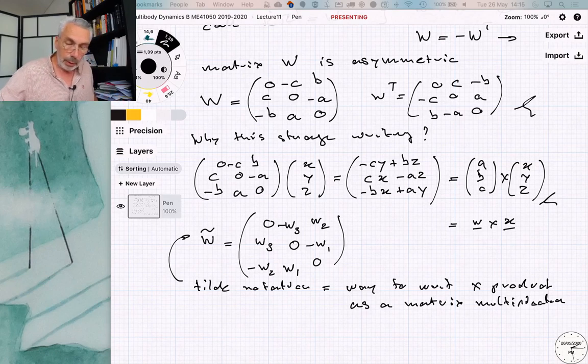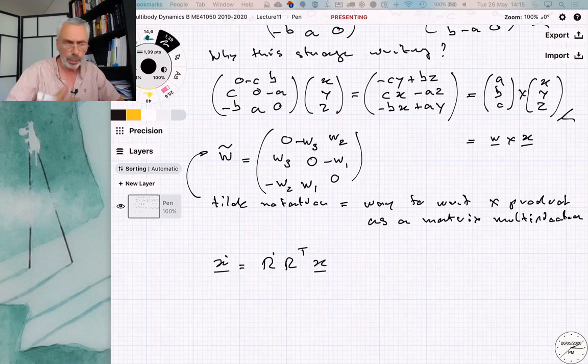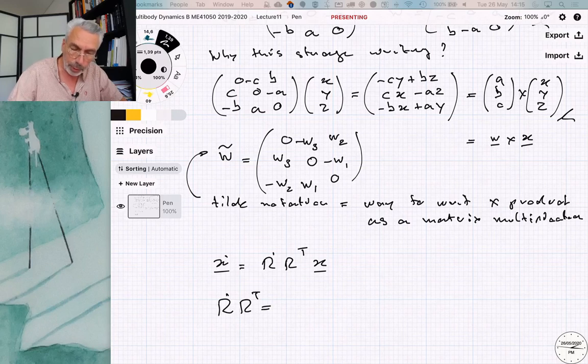Okay, so back to our initial thing. So what was our discovery? X dot was R dot R transpose times X, right? And I dropped the indices now. Then our conclusion was that this R dot R transpose is some sort of tilde matrix, which by definition we call omega.